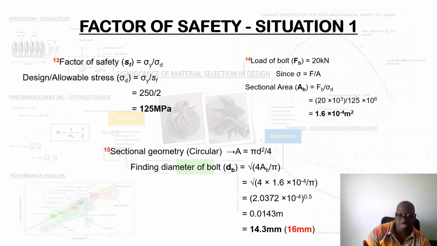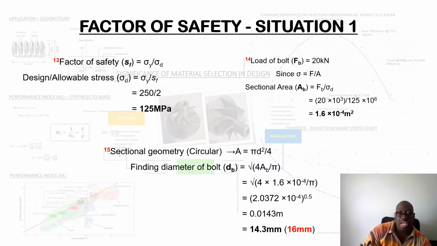But as you've more or less noticed, I would like to stick with the engineer's formula, which is basically pi over 4 times d squared. Making d the subject of this relationship, we have the square root of 4 times the area divided by pi. We substitute our known variables and we get approximately 14.3.